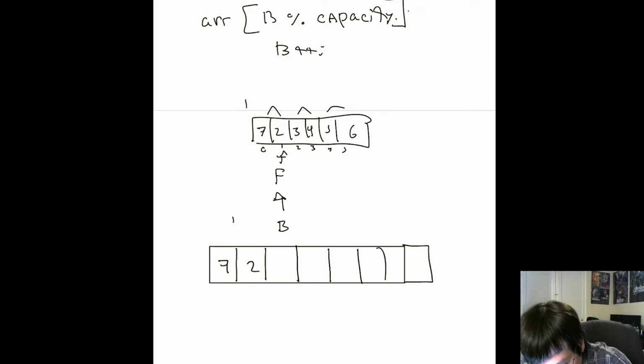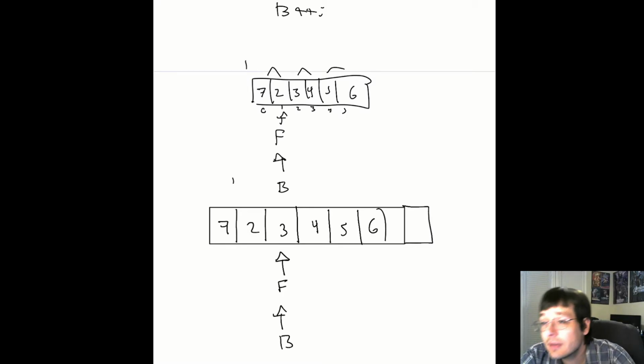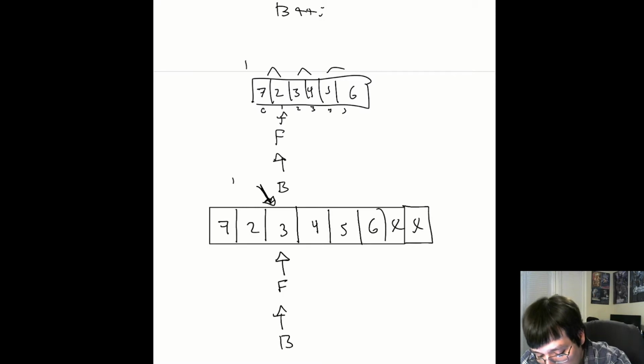So you have 7, 2, 3, 4, 5, 6, right? So you have more space now. But here's the issue. You still have your front there, and you still have your back there. So not only do you still not have a space to insert, because you're still trying to insert over something that exists, but you have random spots in your list.